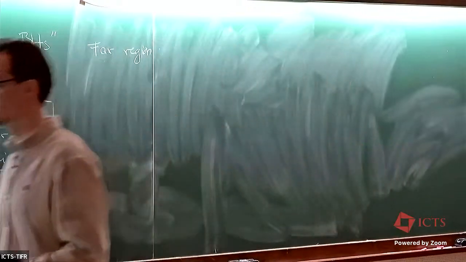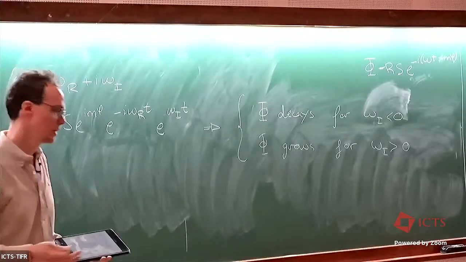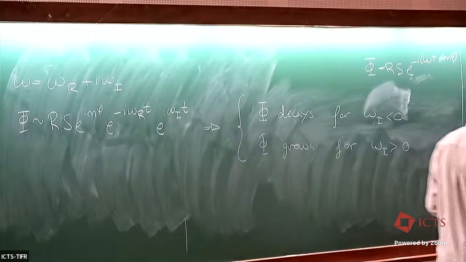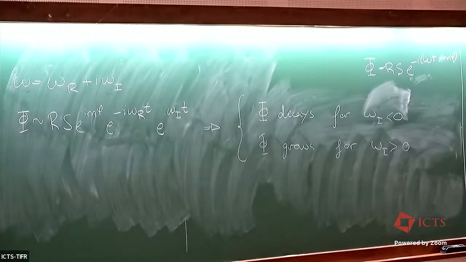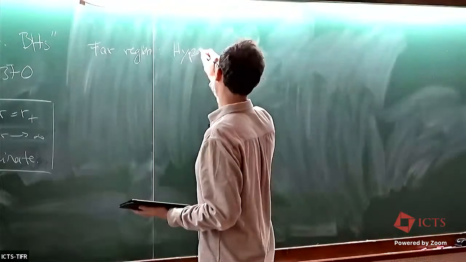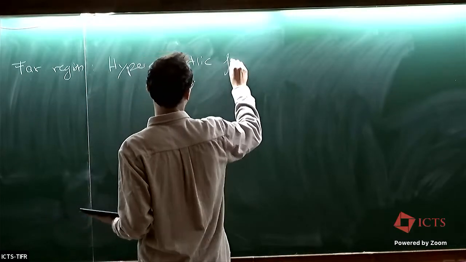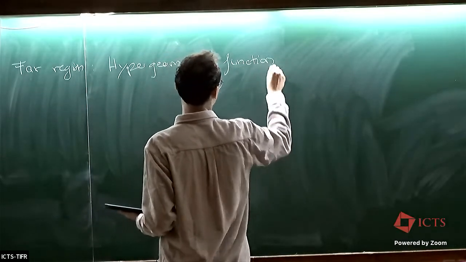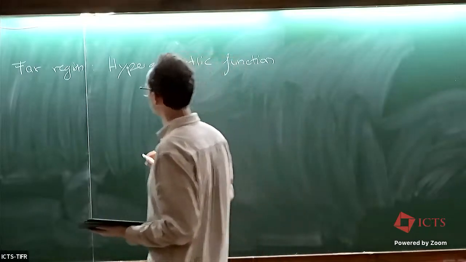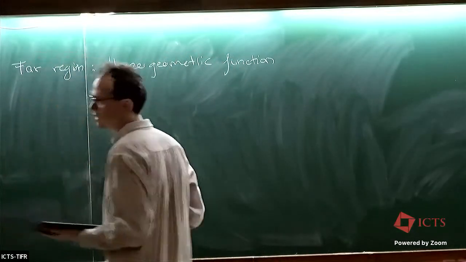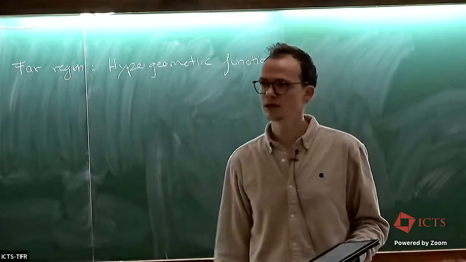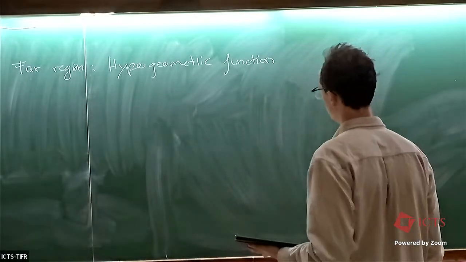Now, instead of just looking at a real frequency, we now need to look at a complex frequency. So in general, the solution won't be the hydrogen atom. In general, the solution will be a particular hypergeometric function. Basically, it's just some particular function that has a particular name that you can more or less write down.